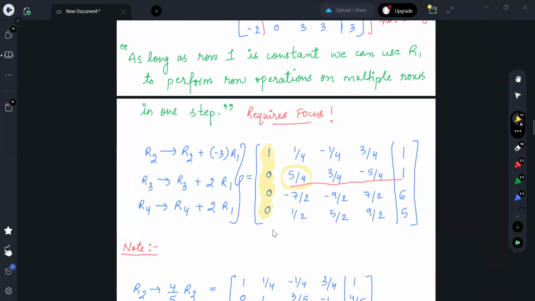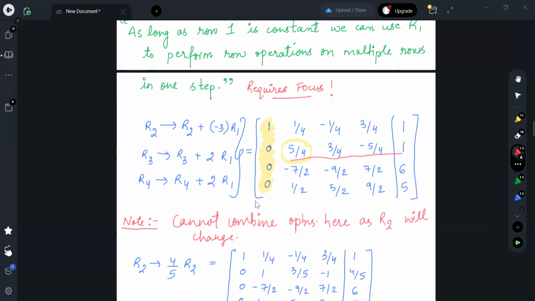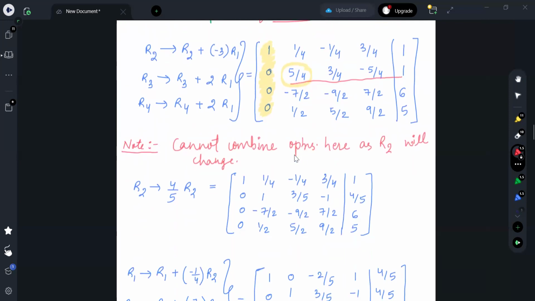As long as I'm changing row 2, I cannot combine operations here because row 2 will change, right? I cannot just make everything above and below it 0 because I need to first make this 5 by 4 a 1. How do I make this 5 by 4 a 1? I just multiply by its reciprocal. Multiply by 4 by 5, and there we go.